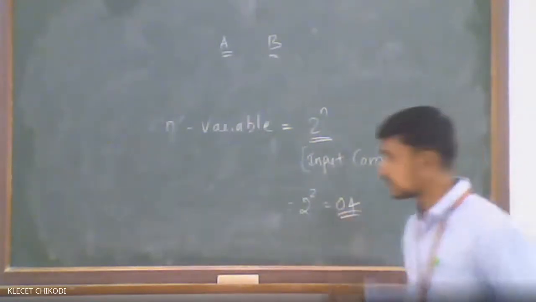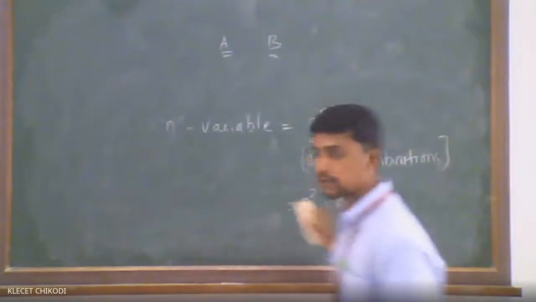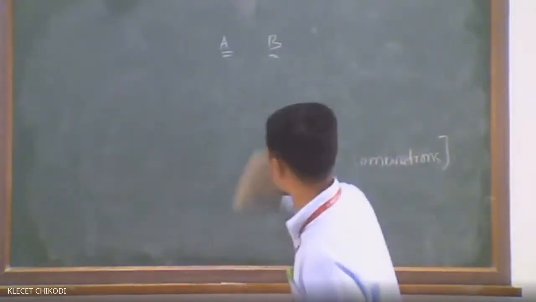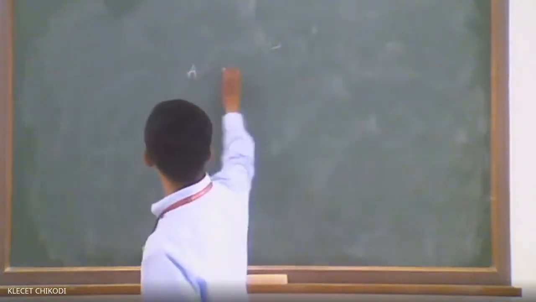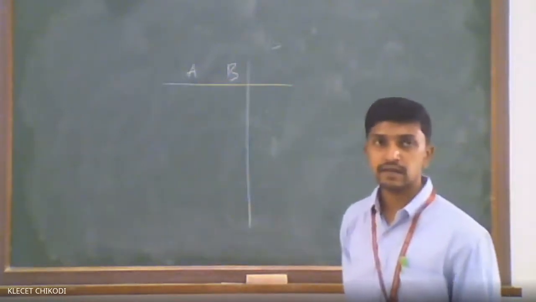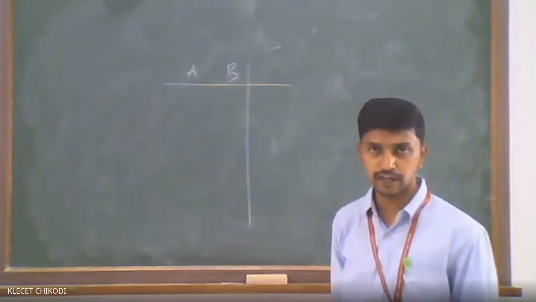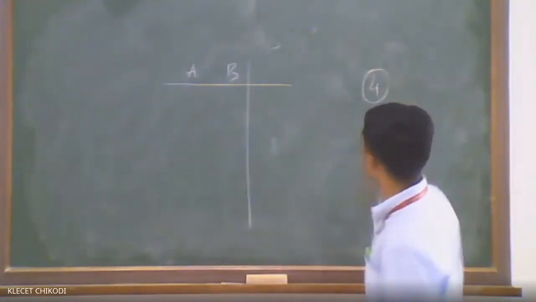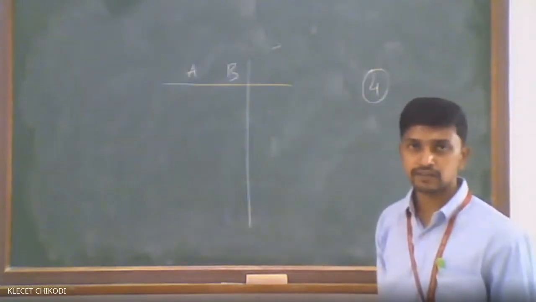Fine. Now for these 4 input combinations, how to write the truth table? You can see that. If I consider A and B as the input variables, there are a total of 4 input combinations.